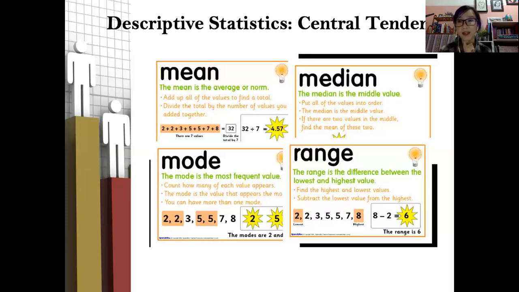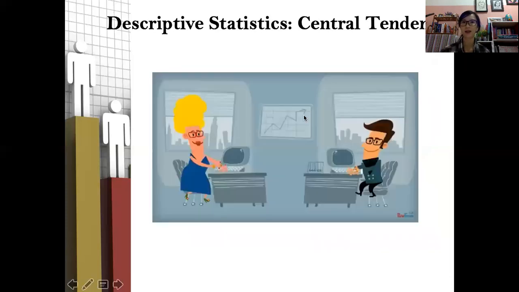Yang jumlahnya ganjil dan yang jumlahnya genap bisa berbeda, ya. Oke, and then mode. Mode ini dicari yang paling sering muncul, ya. So the value that appears the most. And be careful, you might have more than one mode in one data set. Now let's move on to the next type of descriptive statistics.